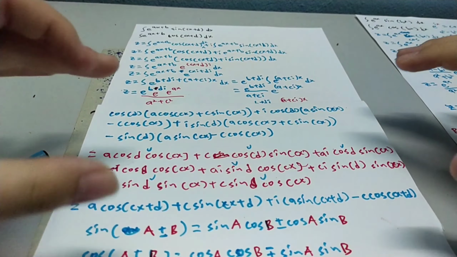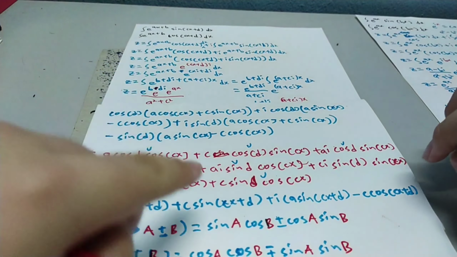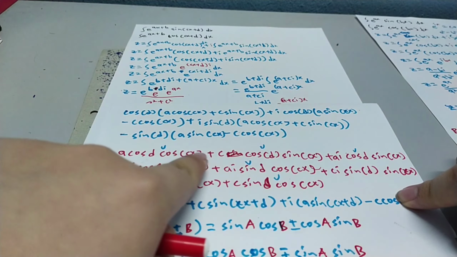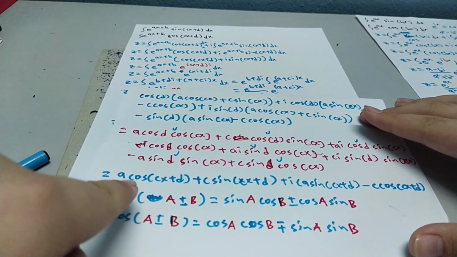Now, if you don't understand what I am doing right here, you can just do it by yourself. So basically, now a times cosine of d times cosine of cx minus a times sine of d times sine of cx.